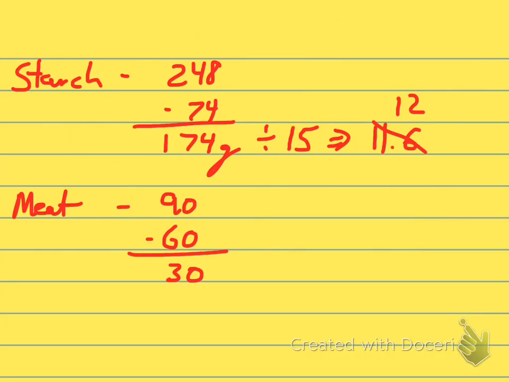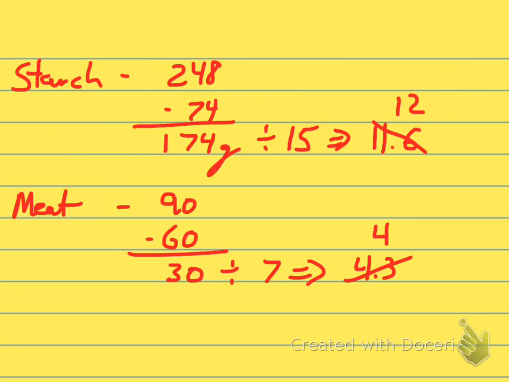And I know that there's 7 grams per exchange, 7 grams of protein in each meat exchange. Okay? So if I take my 30 and divide it by 7, I get 4.3. And again, we're going to round this and we're going to work with 4.